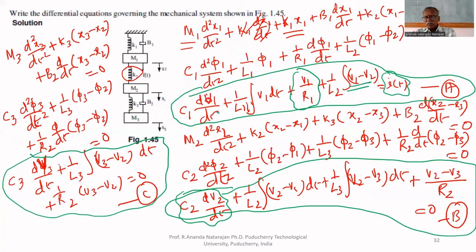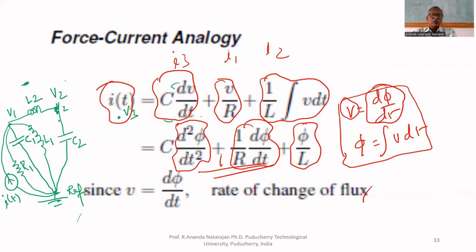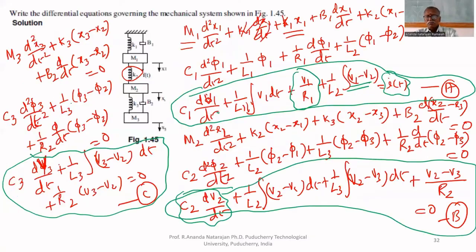L3 is between V2 and V3. And R2 is also between V2 and V3.